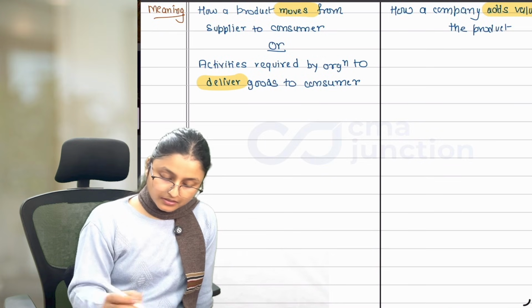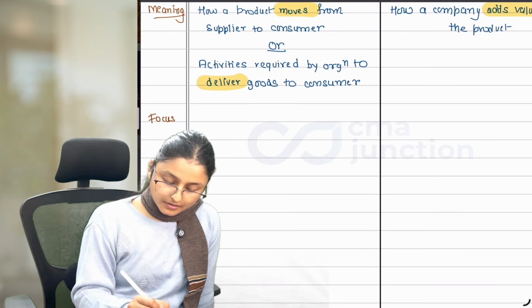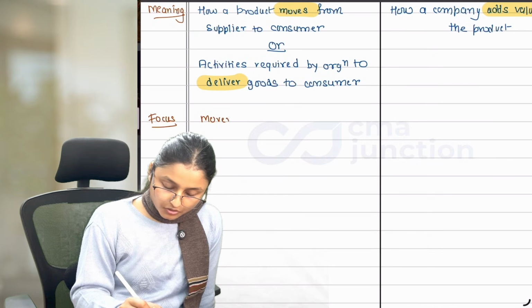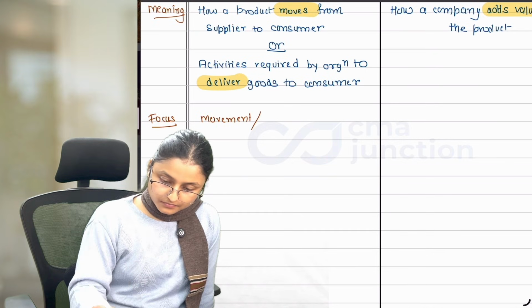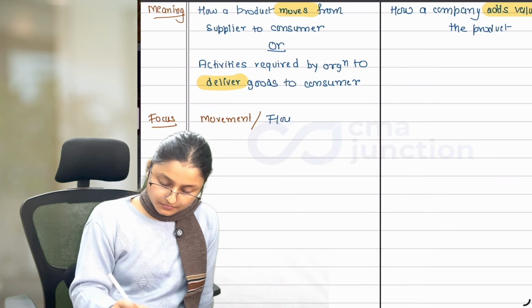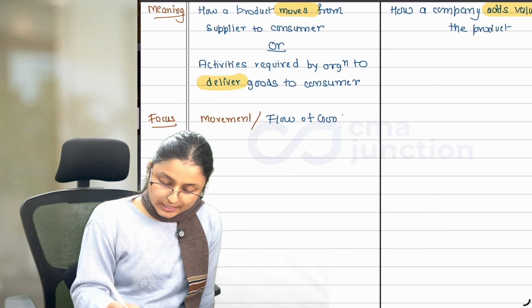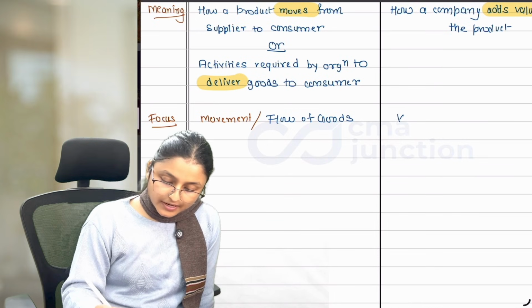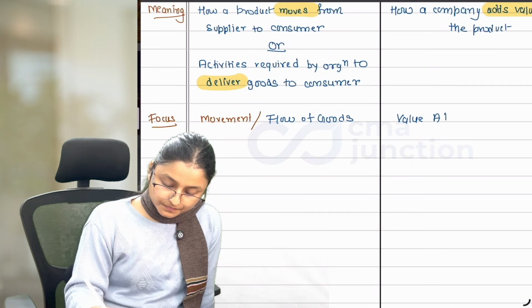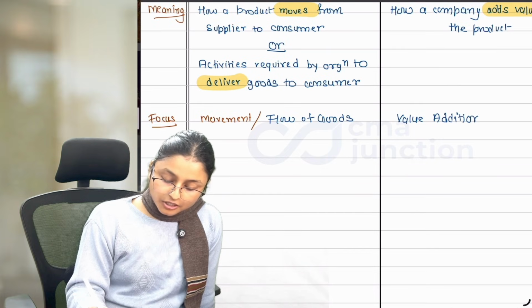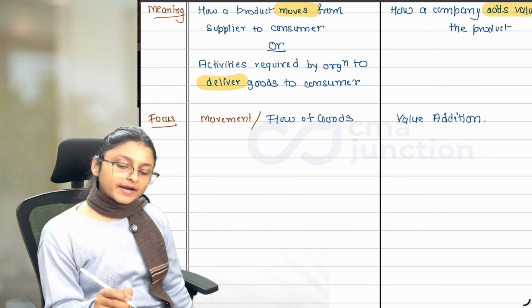This was meaning. Now write the focus. Here focus is movement or flow of goods. And in value chain, our main focus is value addition. Why we are focusing on movement or value addition?